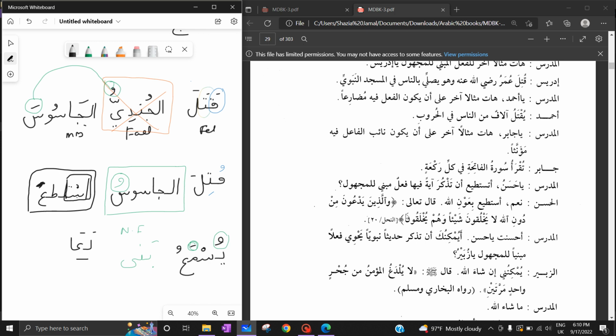Yukhlaqun. Now this yukhlaqun is the fail lil mabni lil majhul. Why does this ya harf mudara'a have a dhamma? Yukhlaqun. And what is here? Yakhluqun. Here lam has a dhamma, and here lam has a fatha. According to the rule, the first harf mudara'a will get a dhamma, and the second last letter will have a fatha.